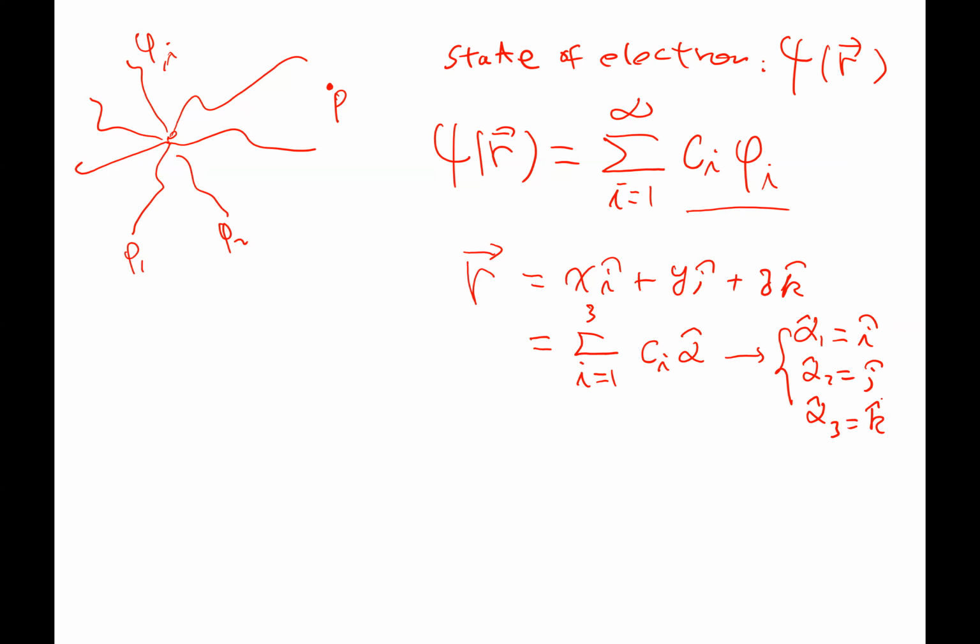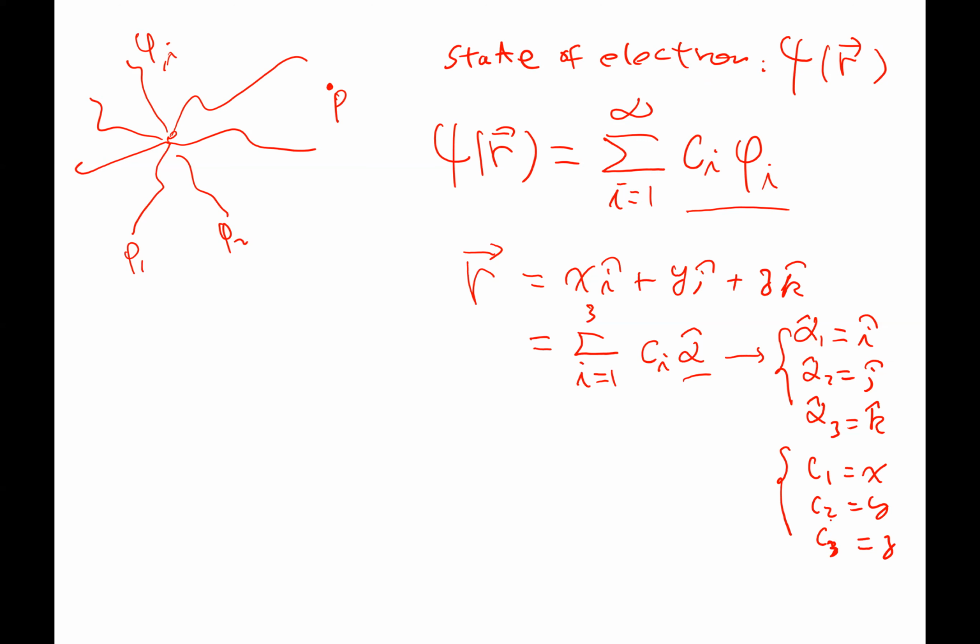Now you can see that i, j, k are basically the basis, right? Once you have these base functions, any physical location in real space is just a combination of all these so-called base functions, the unit vectors, with different coefficients, right? And of course, in this case, your C1 is X, C2 is Y, and C3 is Z.